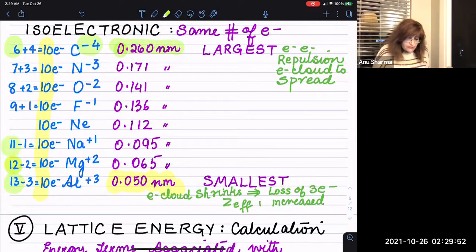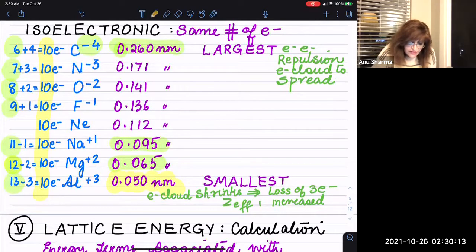Sodium, we already talked about. Losing that 1 electron is going to make it a positive ion, and the size is 0.095 nanometers. Then you have fluorine, oxygen, and nitrogen.